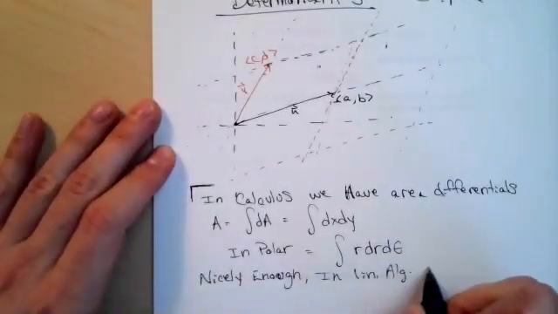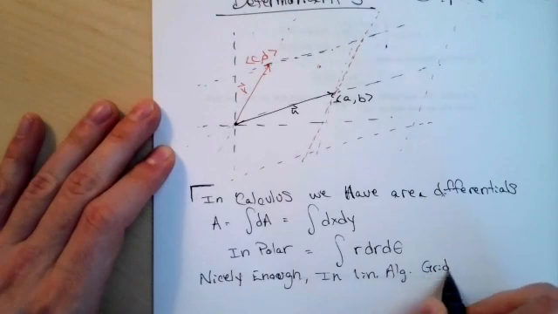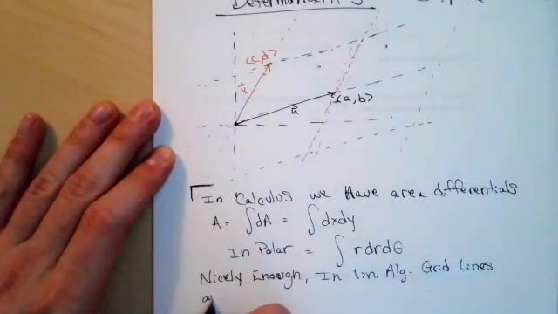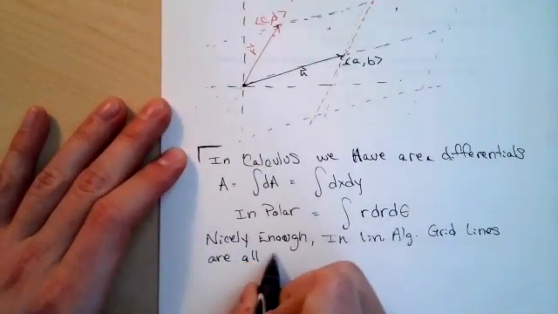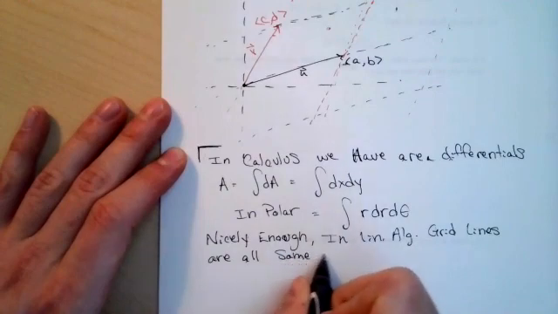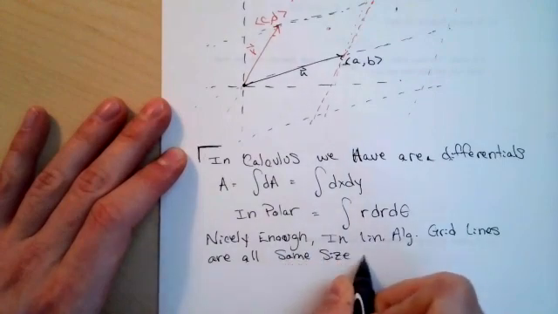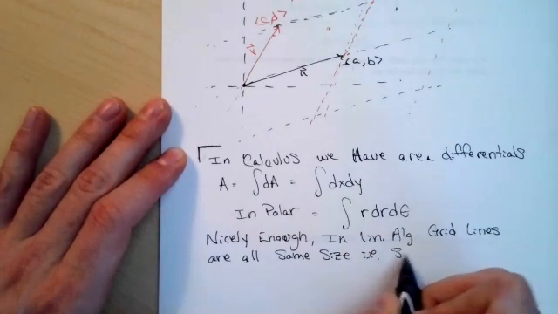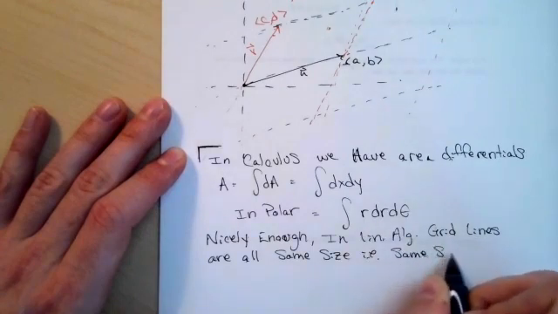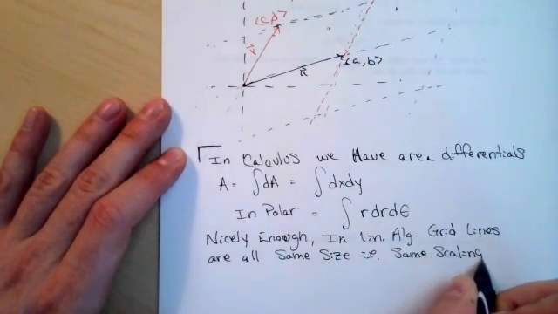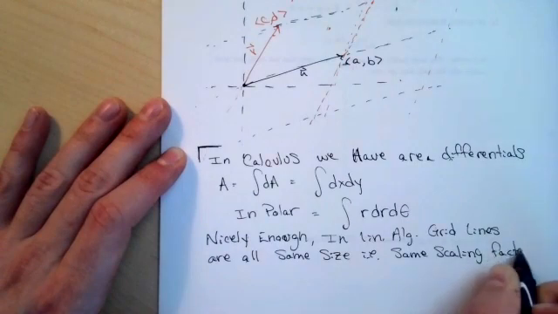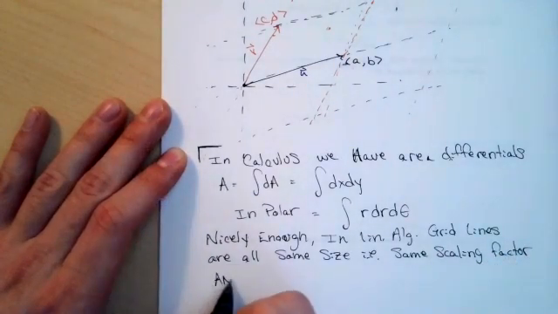So our grid lines are all the same size, i.e. the same scaling factor. And, of course, they're straight.